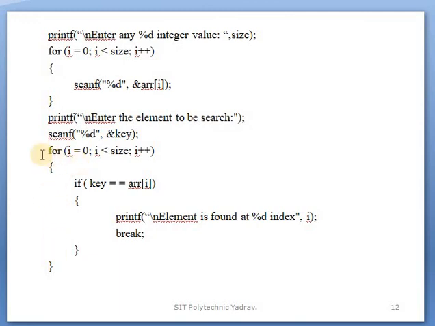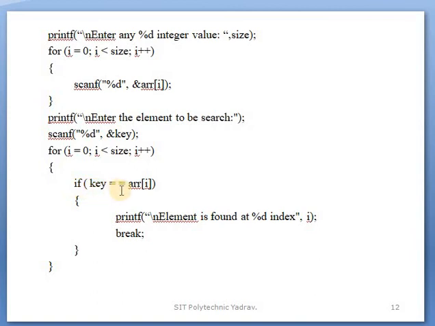How is it checking? For i equal to 0, i less than size, i plus plus. It starts from the 0th location up to size, where the array finishes, checking the elements one by one.